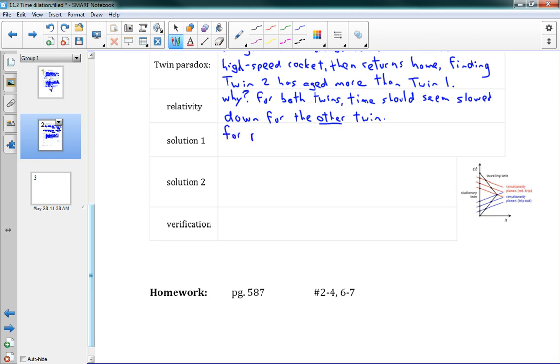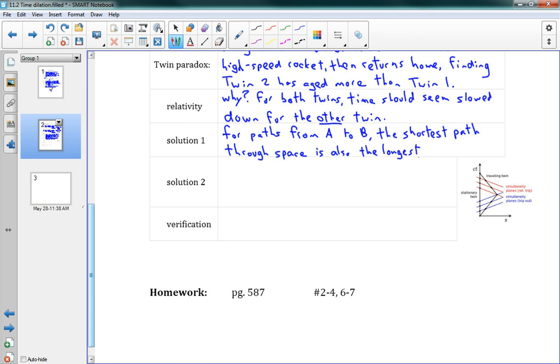So solution 1: for paths from A to B, the shortest path through space is also the longest path through time.